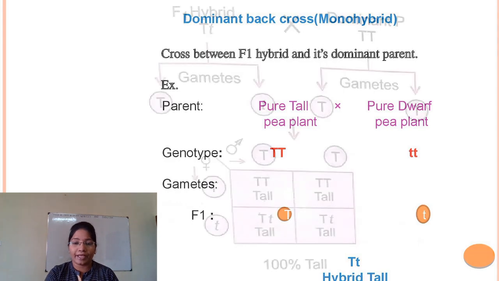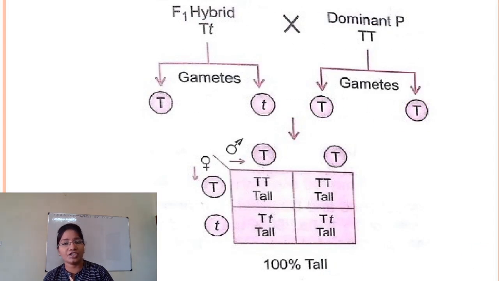When the F1 generation, heterozygous tall, capital T small t, is crossed with the dominant parent, capital T capital T, in the F2 generation all offspring will be tall.